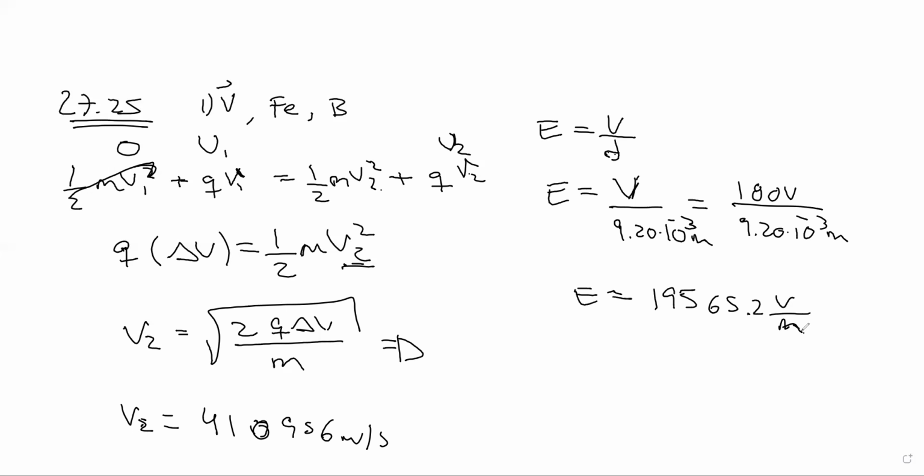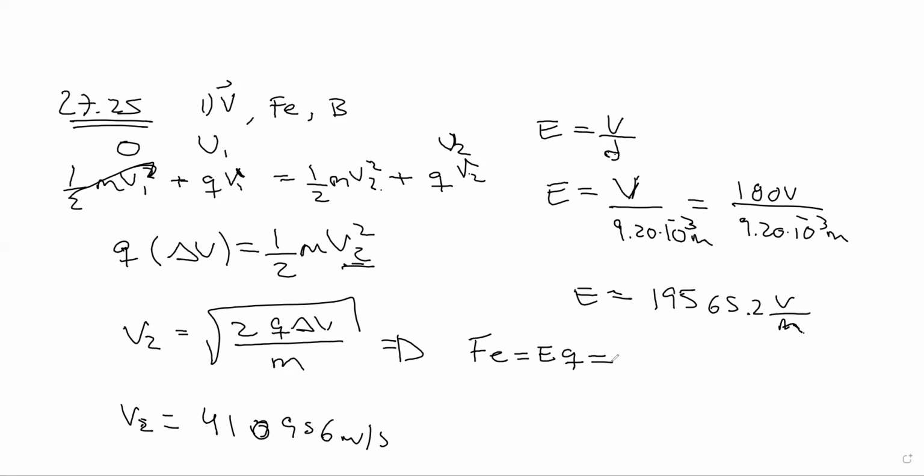Now, we know that the electric force is going to be equal to E times Q, right? But this force must be equal to the magnetic force, in order for the particle's path not to be affected by it, right? So we know that the magnetic force is going to be v cross B times Q. But in this case, the velocity and the magnetic field are perpendicular to each other.